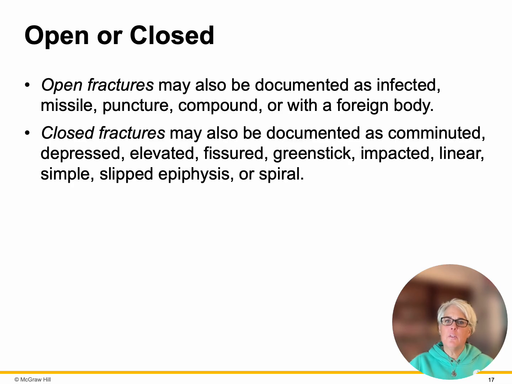Instead, it might use terms like compound, missile, puncture, or foreign body for open fractures. Closed fractures may be described as comminuted, depressed, green stick, impacted, or spiral. Pay close attention to these clues when you're assigning the code. If it is not mentioned that the fracture is open or closed, it is okay for a coder to assume that the fracture is closed.